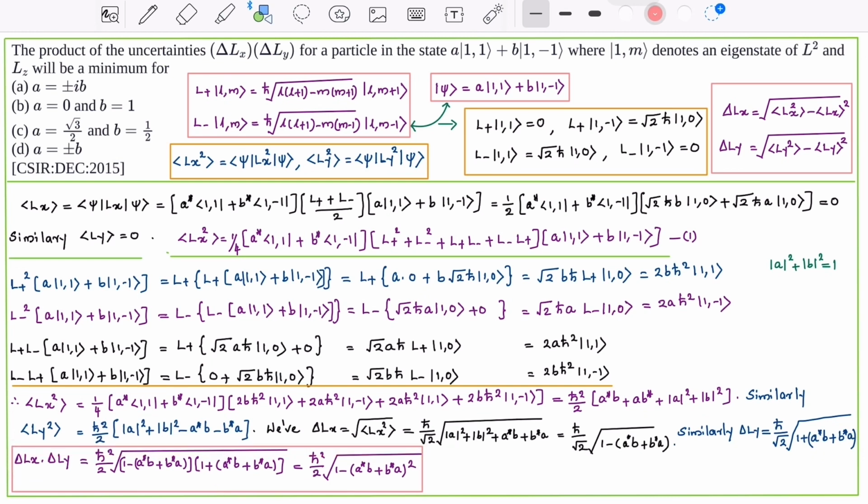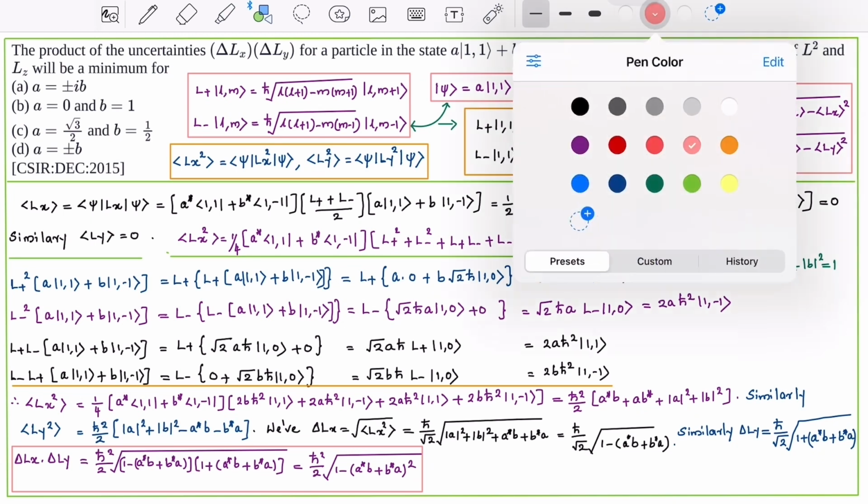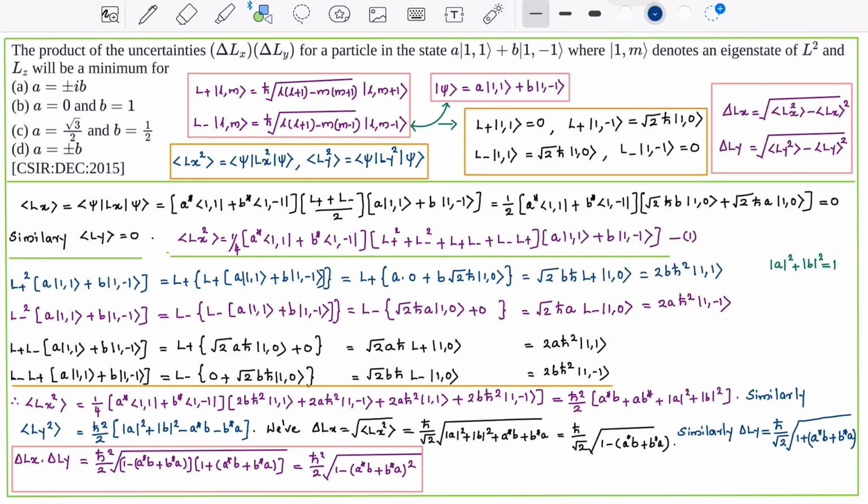Now let us find the correct option. For that purpose, let us consider option D. Suppose A is equal to plus B. Here, when A is equal to plus B, A is equal to 1 by root 2 and B is also equal to 1 by root 2.